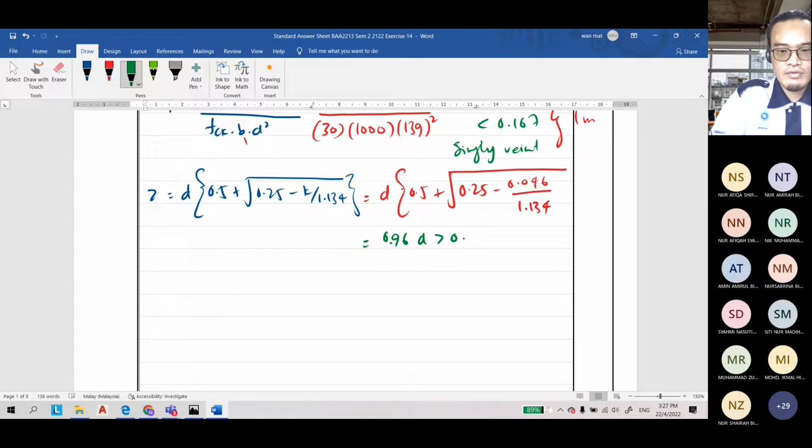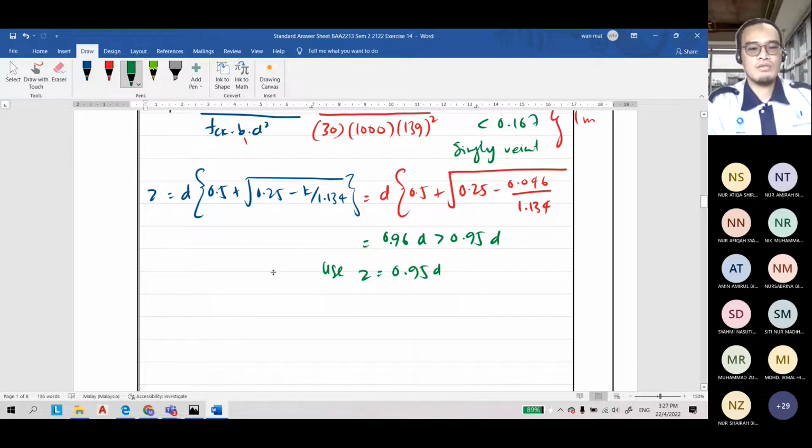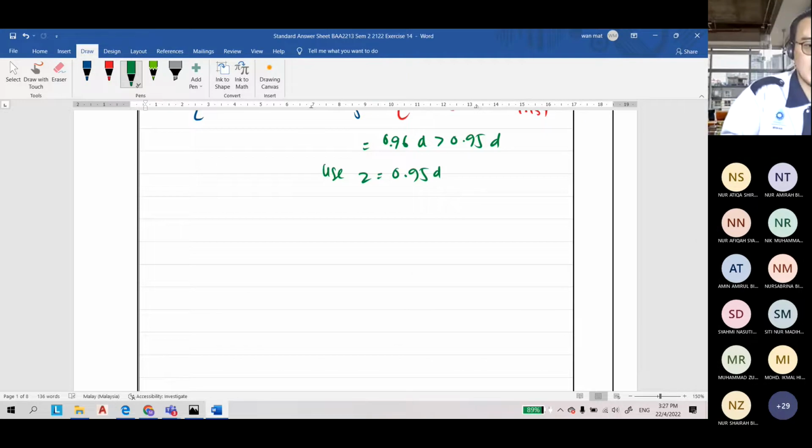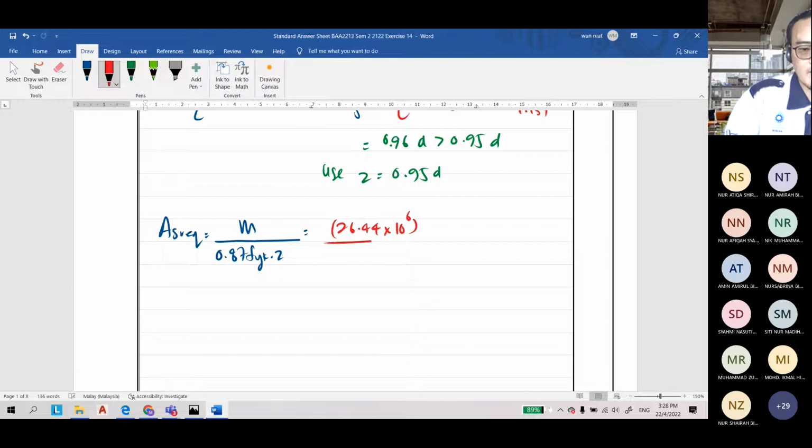0.96D is larger than 0.95D. So you use Z equal to 0.95D. You limit to 0.95D only. And then you can directly proceed to As required, which is equal to M over 0.87 fyk times Z, equal to 26.44 times 10 to the power of 6 divided by 0.87 times 500 times 0.95 times 139.